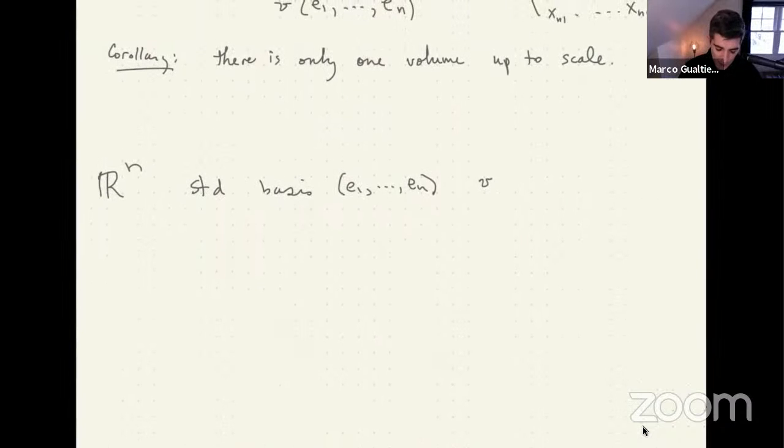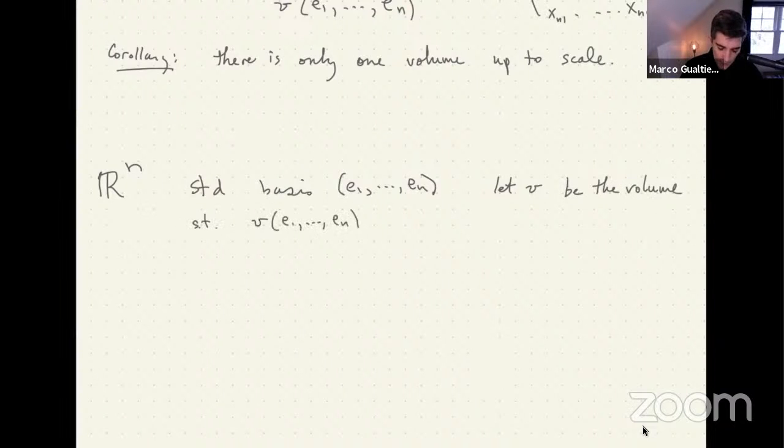Rn has a standard basis, and let V be the volume such that V of E1 up to En is equal to 1. So we declare that this standard basis has volume 1.